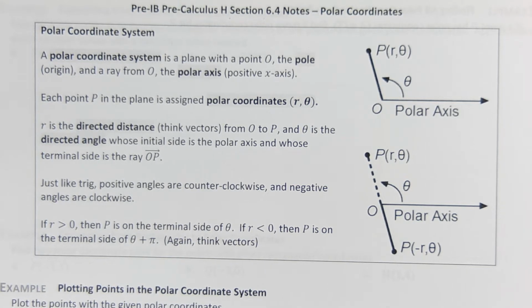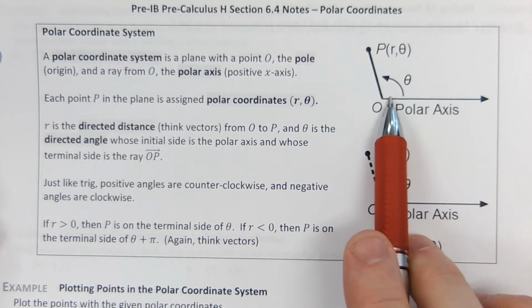Instead of an x, y, our polar coordinate system is made up of r, theta, where r is the length of a radius and theta is an angle. And just like trigonometry, positive angles open counterclockwise, negative angles open clockwise. Nothing different here, okay?